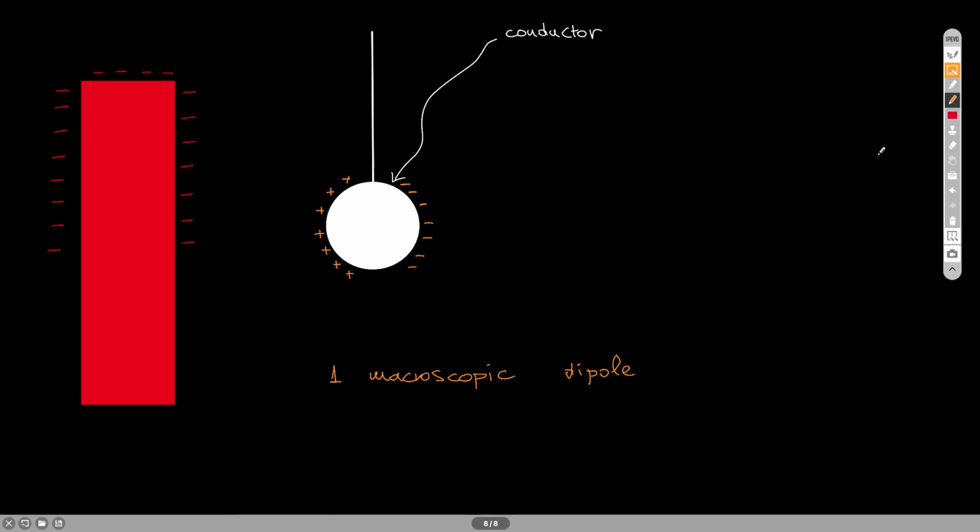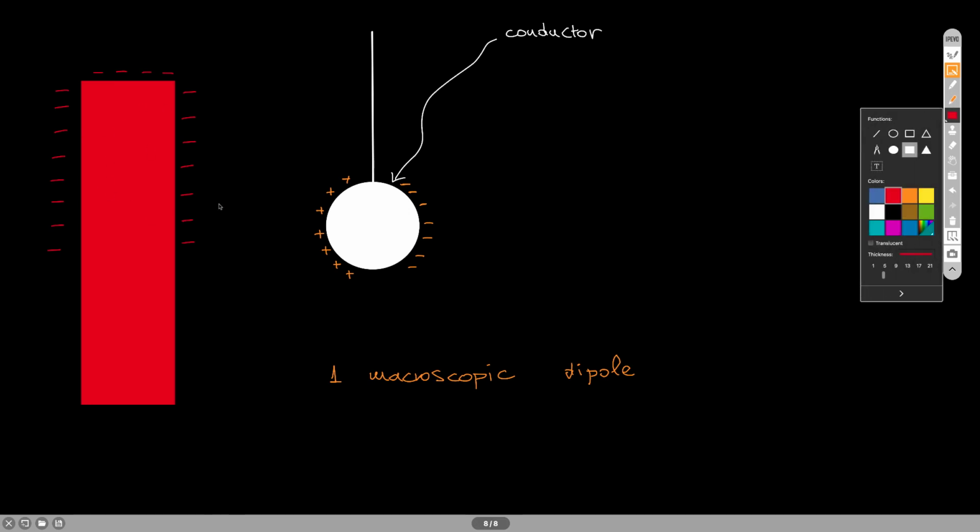Now, I want to think about what forces are acting on the sphere. Well, I know that the excess electrons on the rod repel this. So I do know that there will be a force from the negatively charged object on the negative side of the sphere.